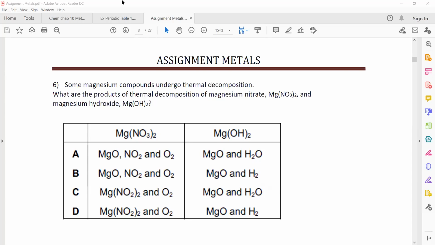When we supply heat energy to metal nitrates, they form metal oxide plus nitrogen dioxide plus oxygen. And for hydroxide, it will form metal oxide plus steam. A is the right answer.